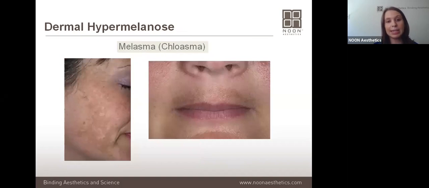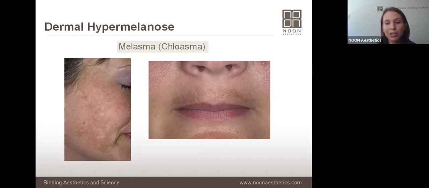And this dermal hyperpigmentation, which is called melasma or cloasma, which is pregnancy melasma, really looks different from the solar lentigo type. And you can see that it looks more like coffee stains, and it's symmetrical.